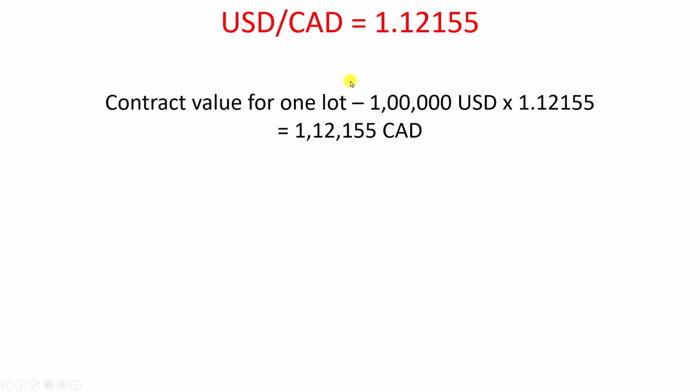Now, let us say that you buy one standard lot of this pair. How much is one standard lot? 1 lakh units. 1 lakh units of what? Of the base currency. So you are buying 1 lakh units of USD.